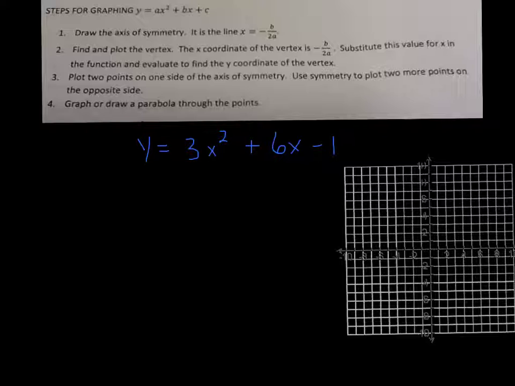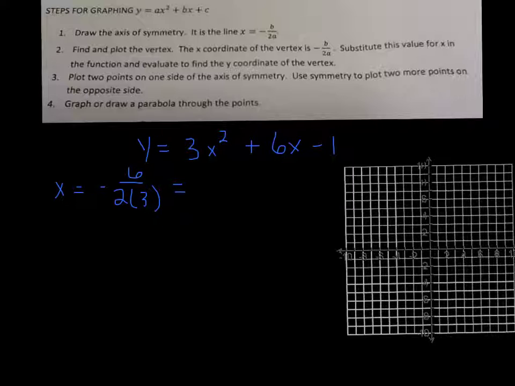Now, here we go. To find the axis of symmetry, we use the equation up top here: x equals negative b over 2a. So x equals negative b, which is 6, over 2 times a, which is 3. So 6 over 2 times 3 is 6 over 6, which equals 1, right?